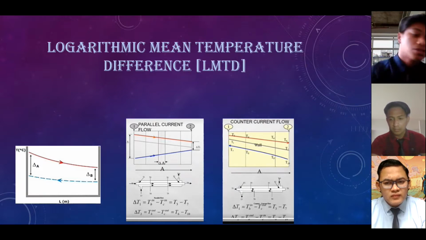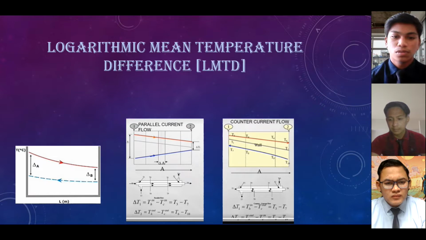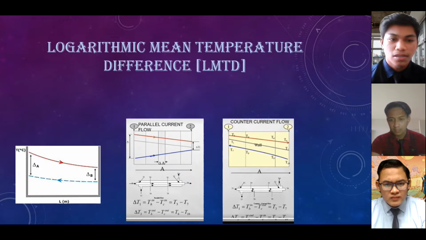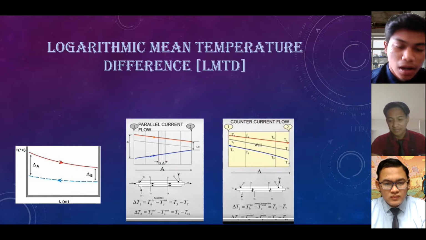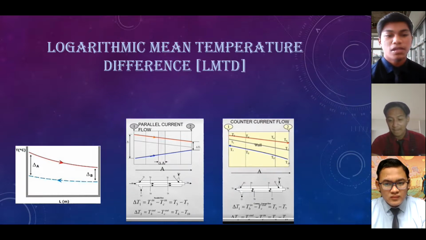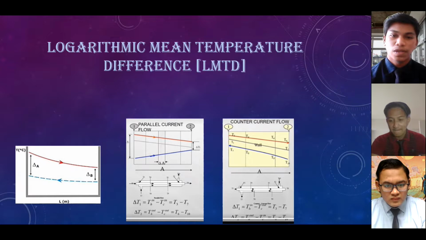As you can see, above there are graphs for LMTD. The first is showing the counter flow graph. Okay, the second is the parallel flow, showing that there is a formula given down there, so we can use it to find the LMTD.